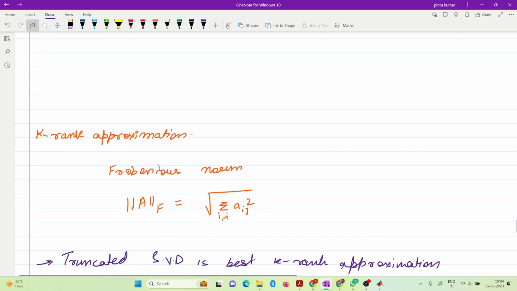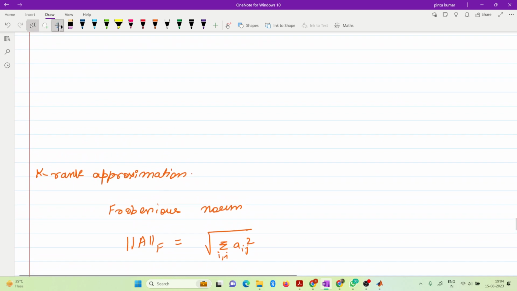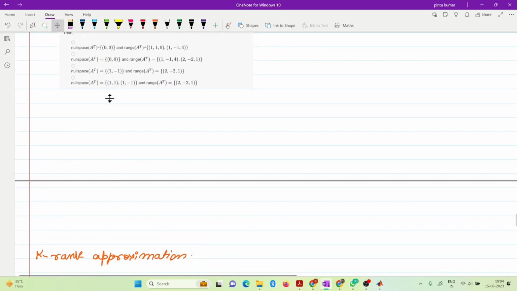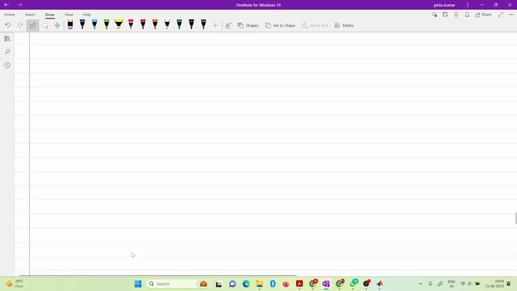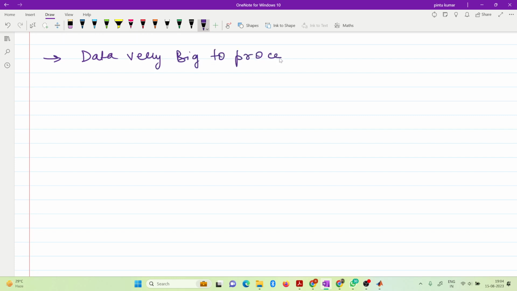Many times when you're doing machine learning, there will be 2 situations. First, you have data that is very big to process. These are 2 extreme situations that can happen.